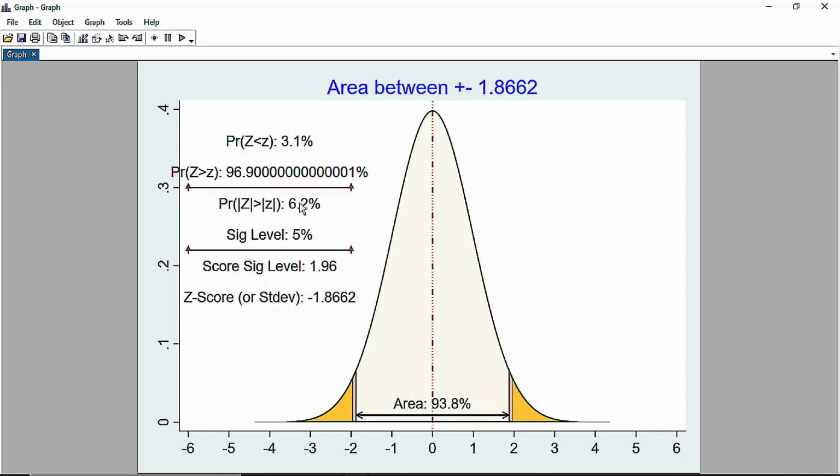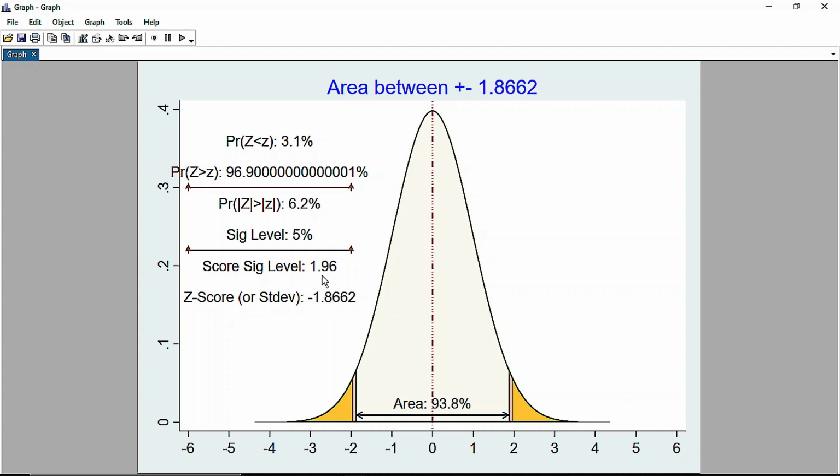The p-value is greater than our significance level, which is why we fail to reject the null. Now let us base our analysis on the z score. The absolute value of the z score is 1.8, and the tabulated z score is 1.96. 1.8 is less than 1.96, so we fail to reject the null in this case as well. So for the two-tailed test, we fail to reject the null.